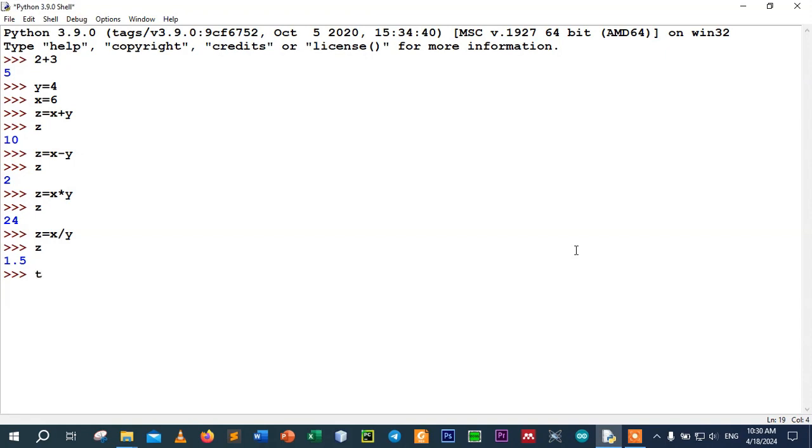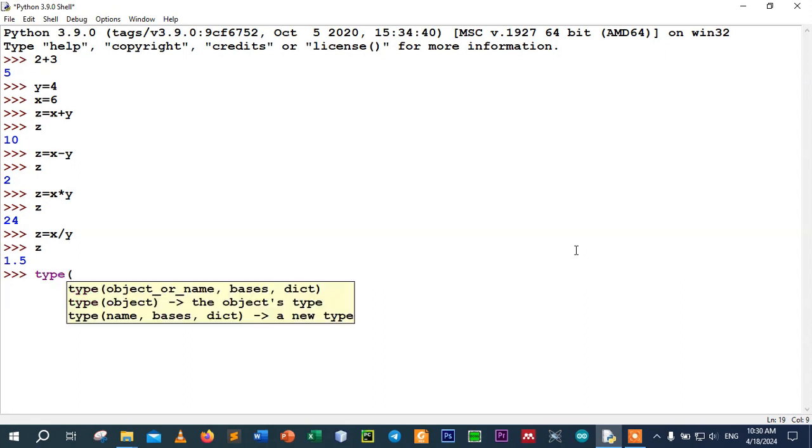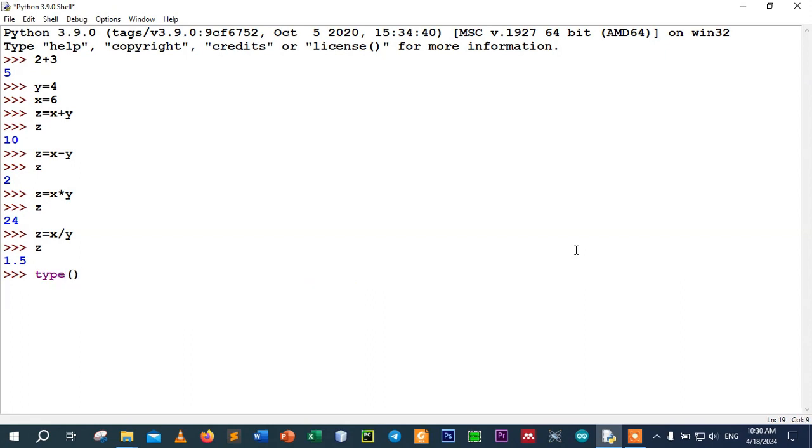Let's display the type of Z. It is float. What about Z is equal to Y divided by X? Z is a floating point also.